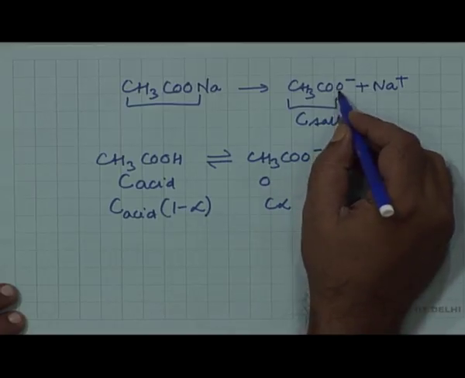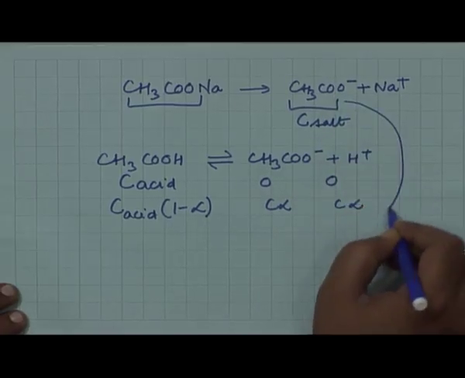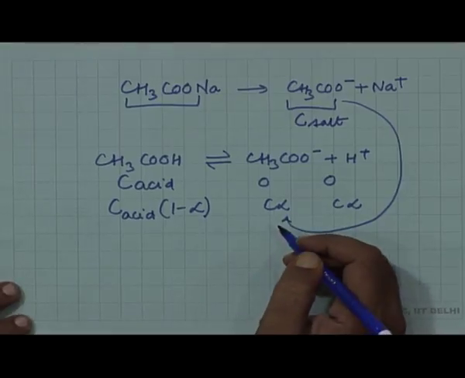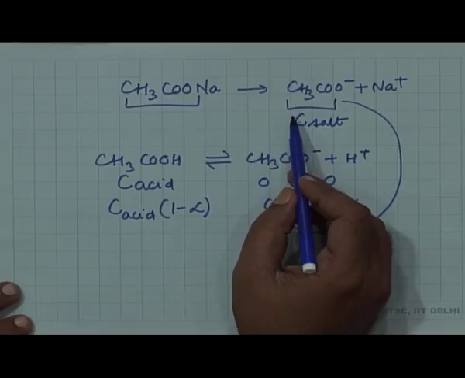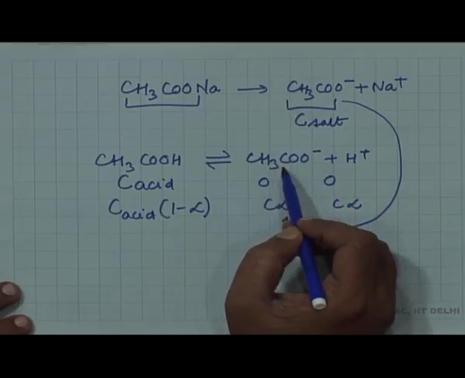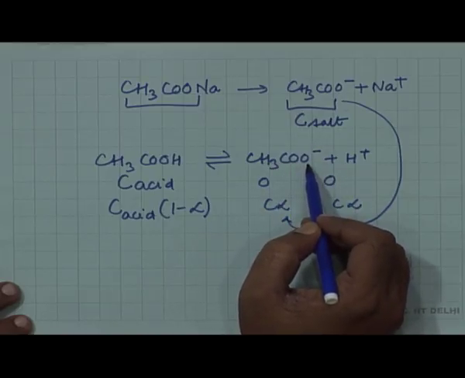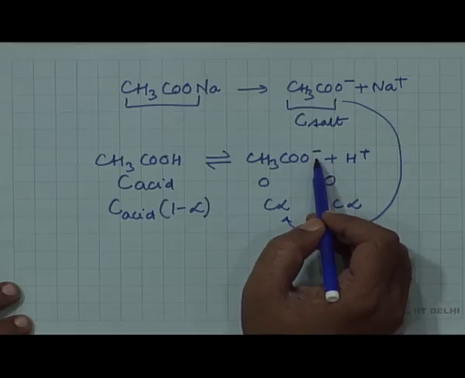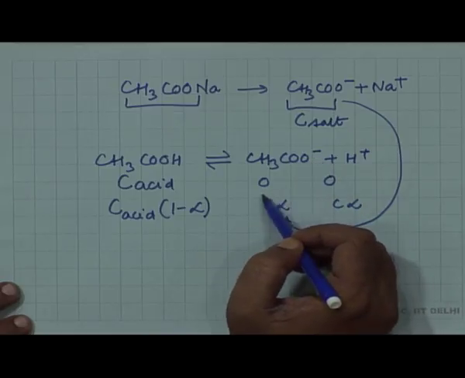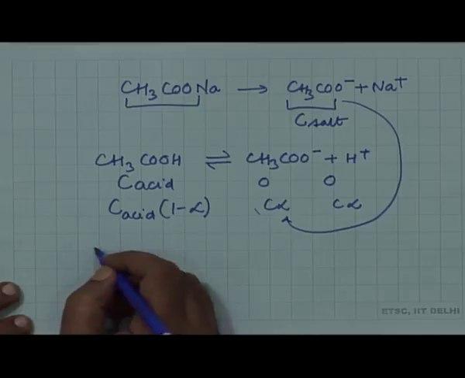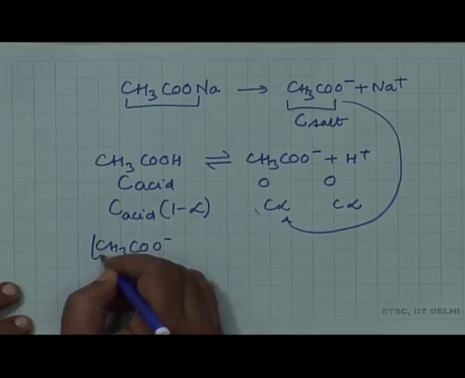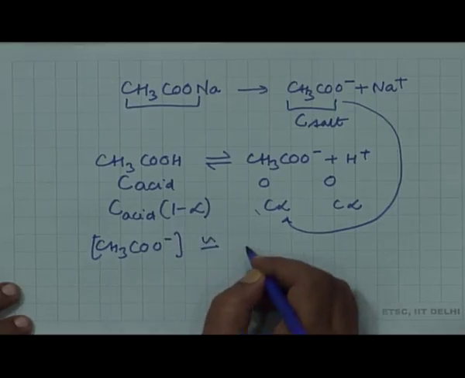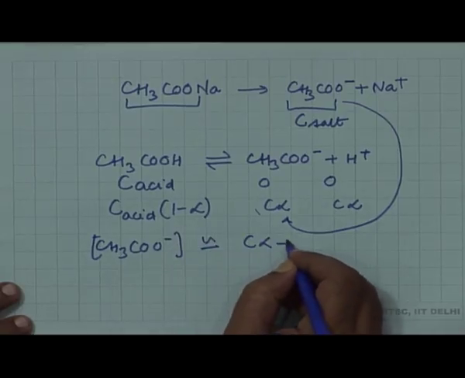Since we have CH3COO minus ion from the salt, this will come into the picture. So, in the presence of salt, the concentration of CH3COO minus is much greater than C alpha. So, the concentration of CH3COO minus ion is C alpha plus C salt.